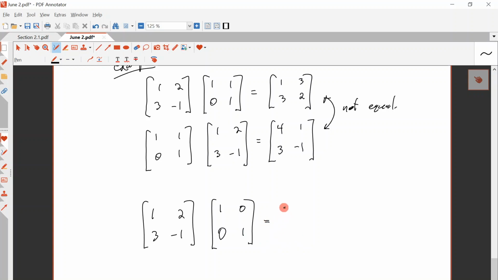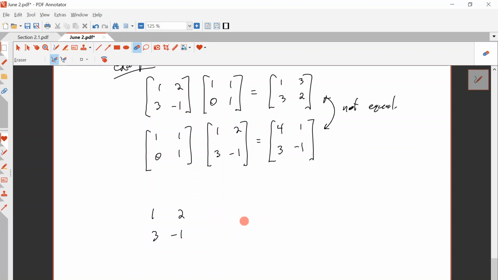So let's do it this way. This is an interesting matrix right here: a matrix with 1s along the diagonal and 0s everywhere else. If I do the product, let's do it a little more generally. Let's make 3 by 3 matrices.